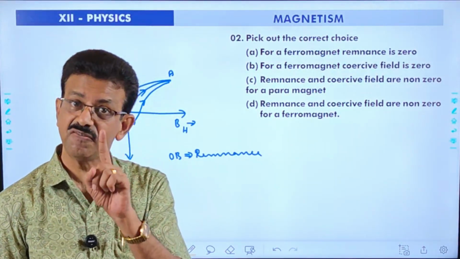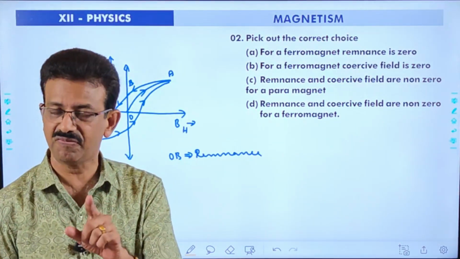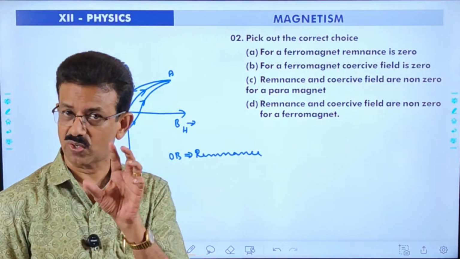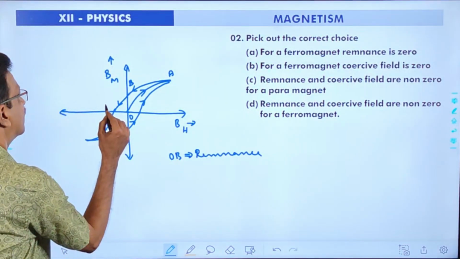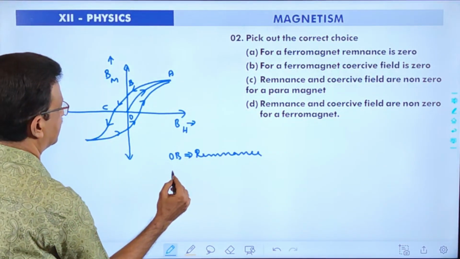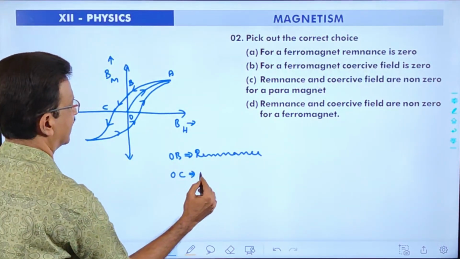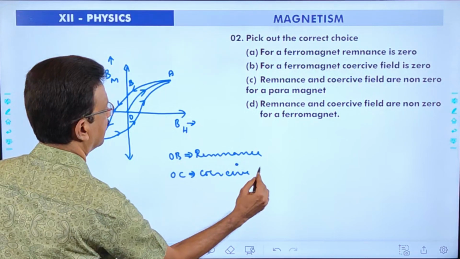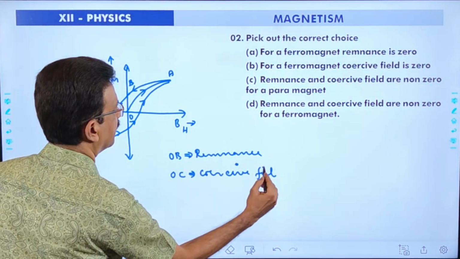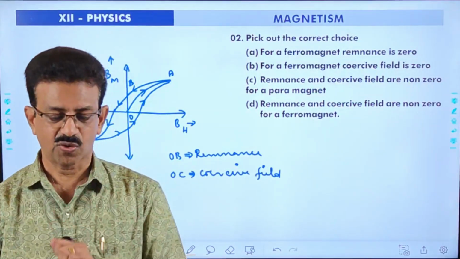Then the negative field required to demagnetize the material is called coercive field, and that property is called coercivity. Here OC gives the coercive field.